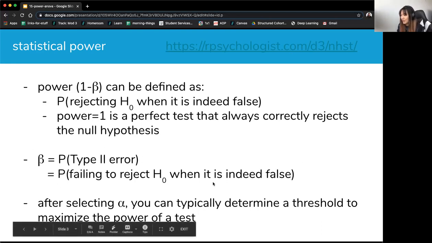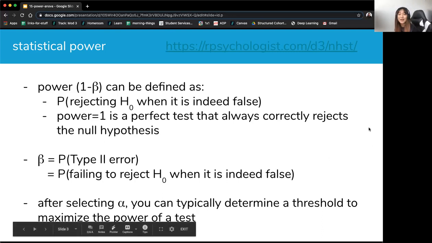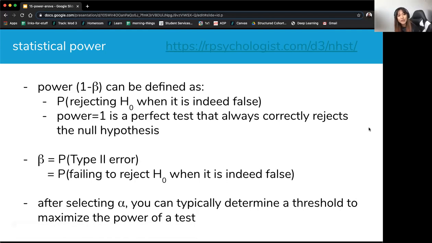Just to remember, I have it on this slide just so we know, the probability of a type 2 error is failing to reject the null hypothesis when it is indeed false. So an example that we'll look at tomorrow, after you select alpha, you can typically determine a threshold to maximize the power of a test, and that is the simulation that I'm going to walk through the code of tomorrow.